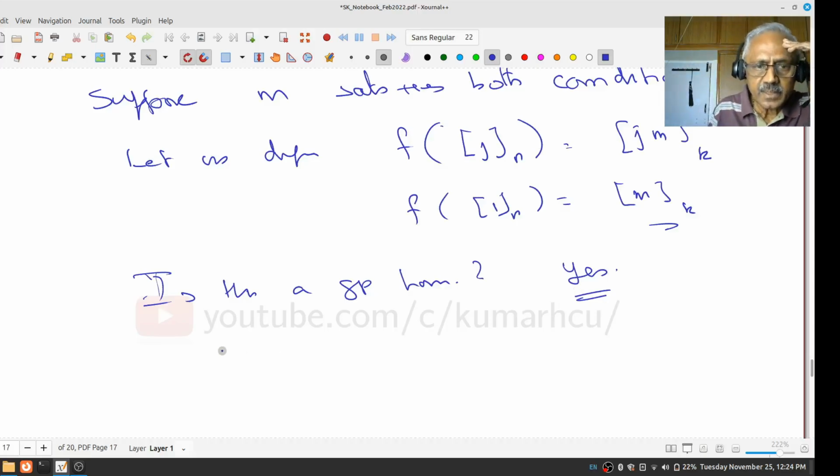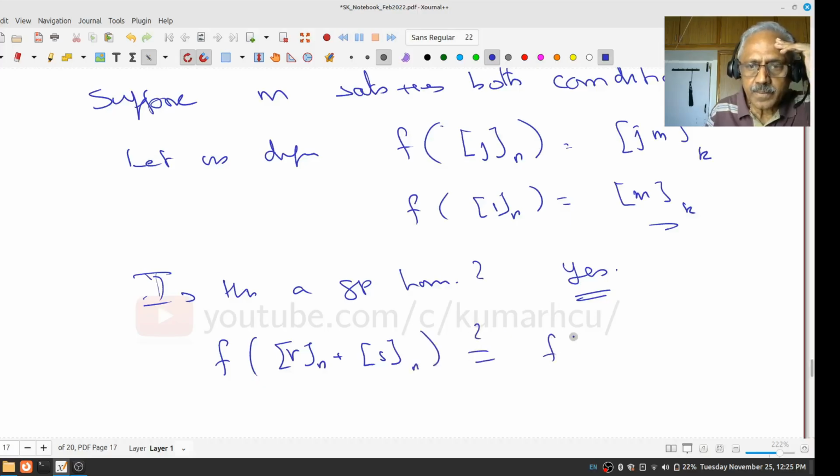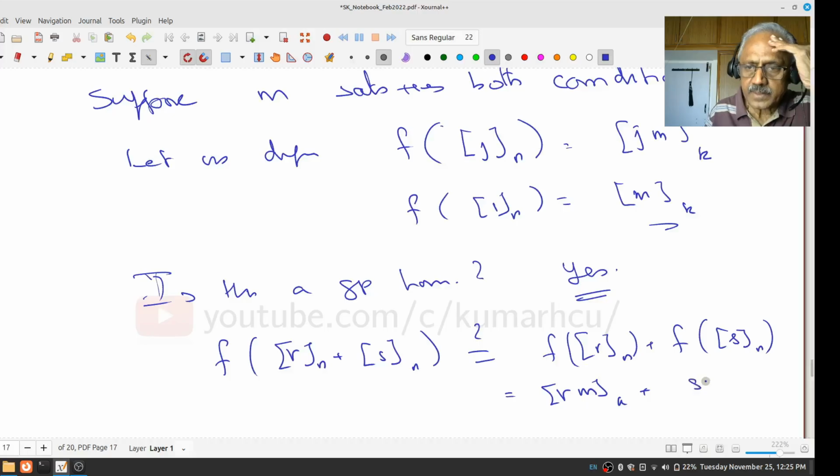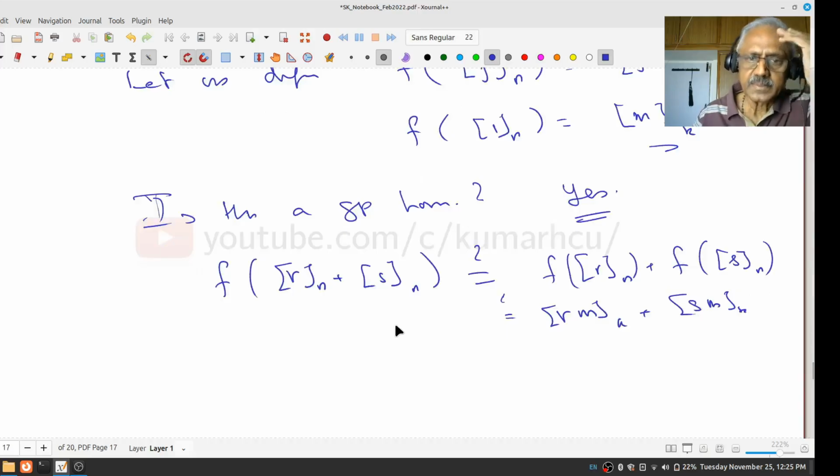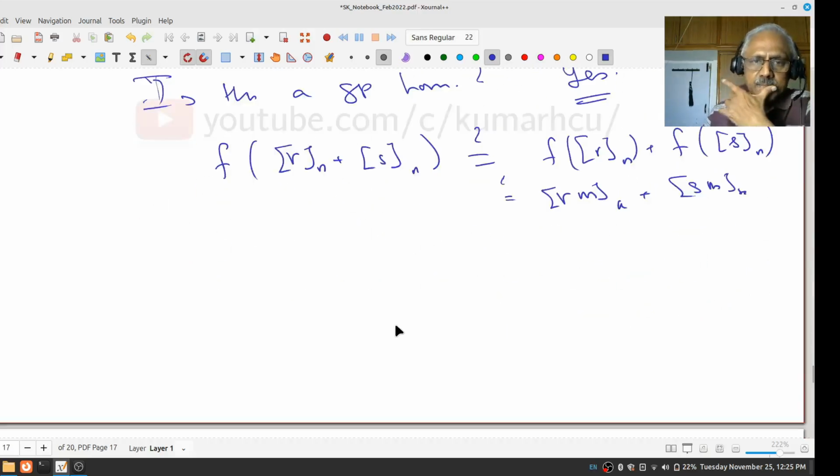That is because f of Rn plus Sn is equal to f of Rn plus f of Sn. That is, this is the same as R times k plus S times k. This is the question I want to look at. But that's very easy. This we had already seen.